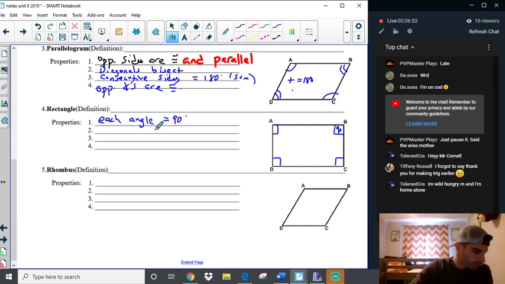That's one. And if I draw diagonals AC and BD, it's true that these diagonals bisect, but the diagonals are now also congruent.